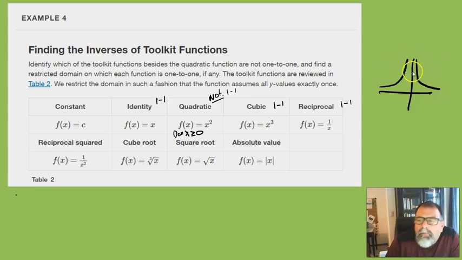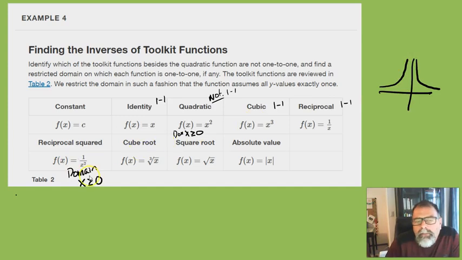So again, typically you're going to restrict the domain to be just the positive side, but you could restrict it to the negative side. If you're going to restrict the domain, it has to be x is greater than or equal to 0. So now the domain for the actual f of x is all real numbers except 0, right?